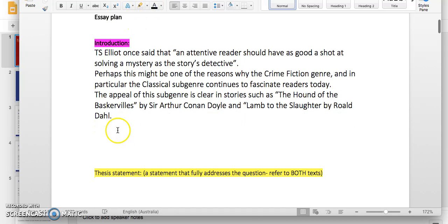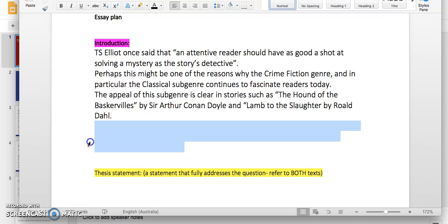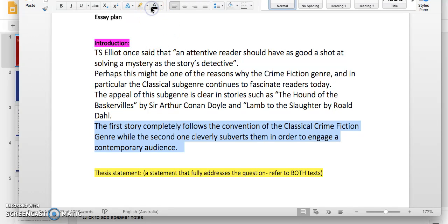Now, after that, I need to have another more specific sentence, and that's where I actually engage with the question. I say, now, for one of my stories, I do understand that it follows the conventions of classical crime fiction, whereas the other one subverts them.